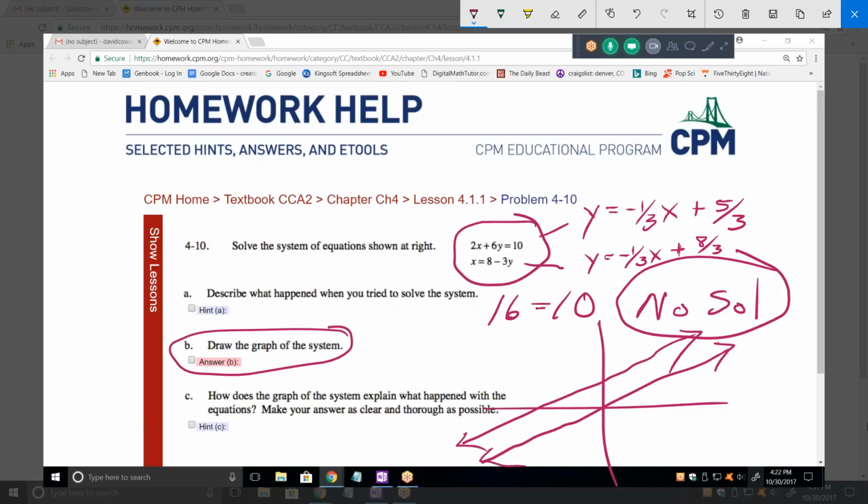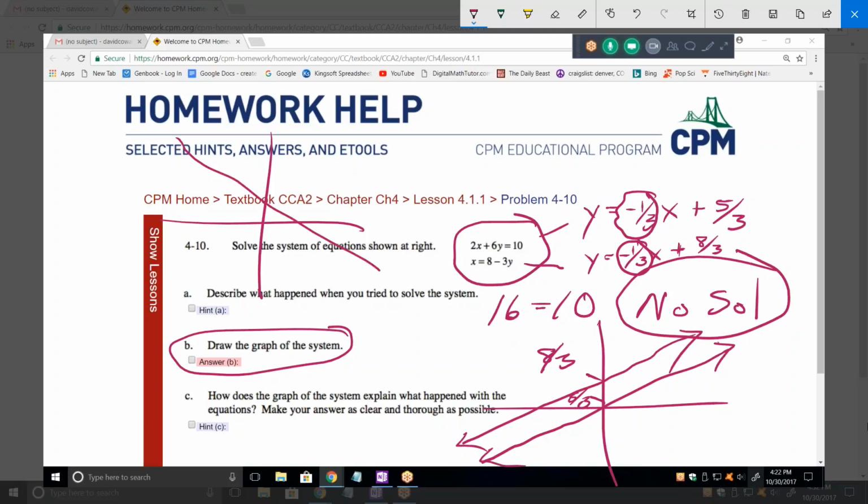Notice the only difference between those two equations is the y-intercept. That y-intercept is 8/3. That y-intercept is at 5/3. But both slopes are the same. They're both minus 1/3. The actual graph is going to look something more like this.